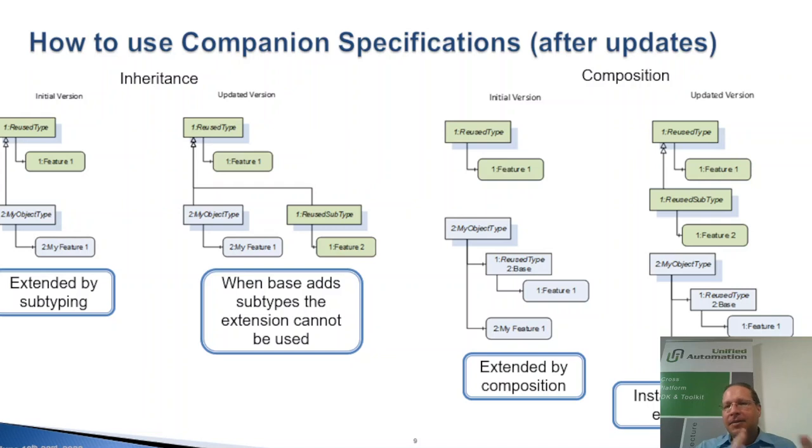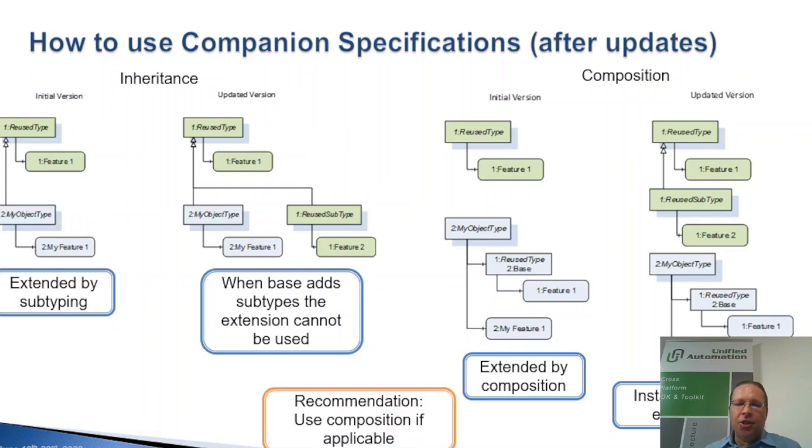If the companion specification gets updated, I actually don't need to touch my companion spec, but everybody using that companion spec, instead of using the reused type, can just use the reused subtype and has the new feature which comes from the companion specification. So recommendation: use composition if applicable.